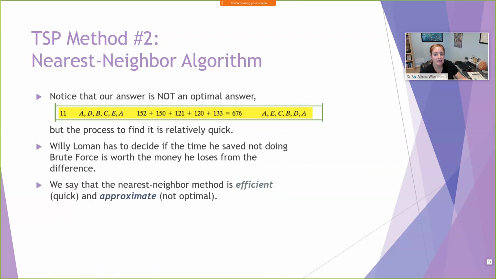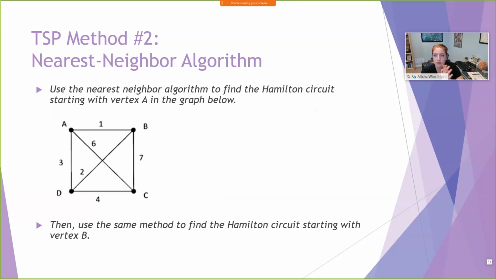It does not always give us the optimal answer. So we say that it's efficient, aka fast, but approximate. It does not always guarantee the optimal. Sometimes you'll get lucky and get the optimal tour, but not always.